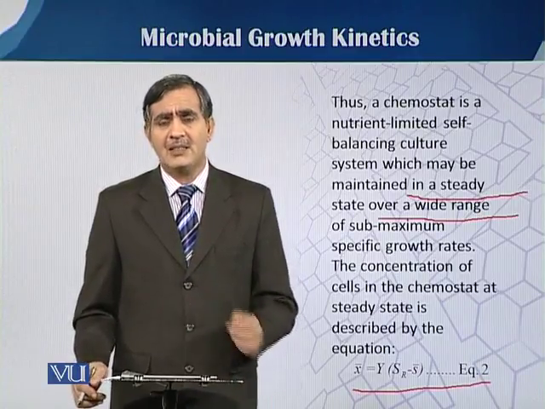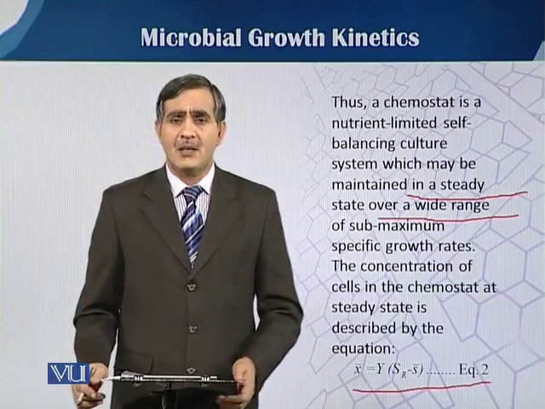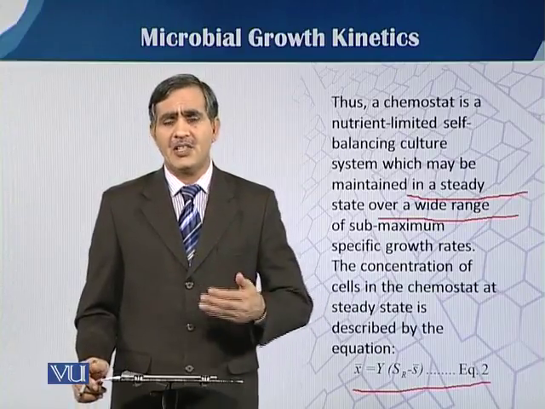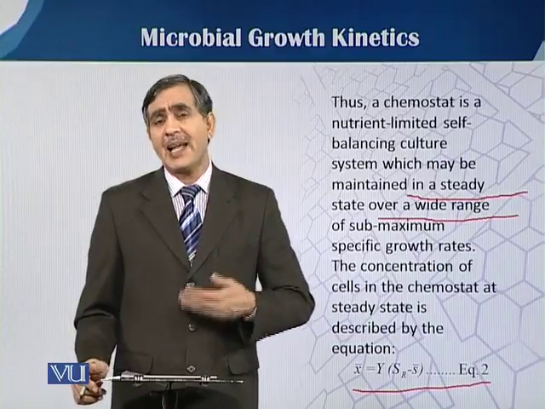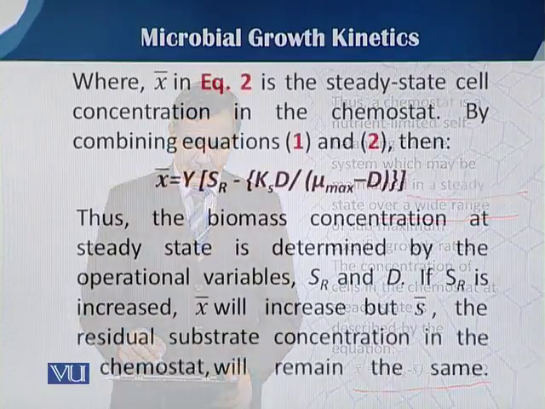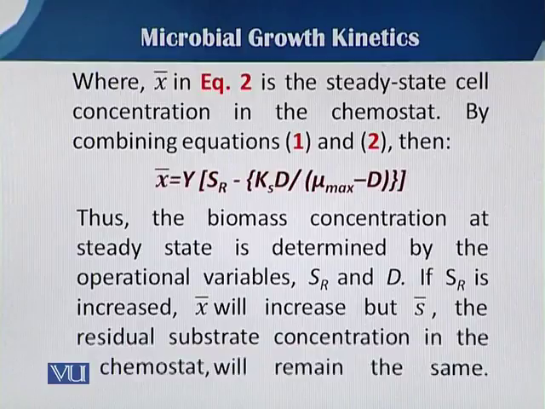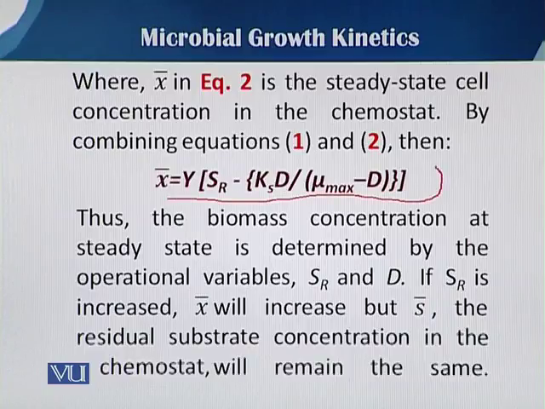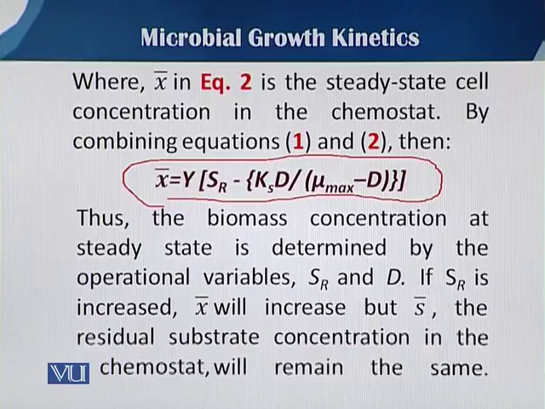By changing X into X bar, where X is the biomass concentration in the fermentation vessel and X bar is the biomass concentration at steady state, the steady state biomass concentration can easily be calculated. In this equation, mu max and Ks are the Monod constants, D is the dilution rate, and Sr is the substrate concentration.